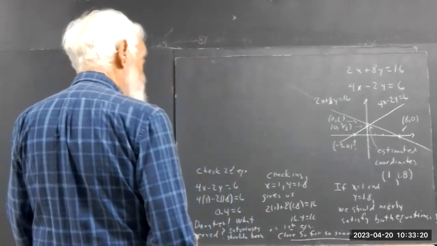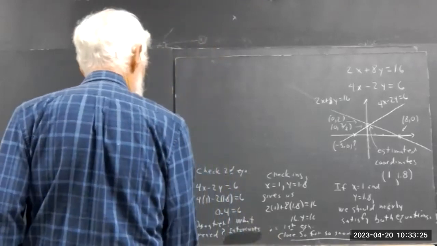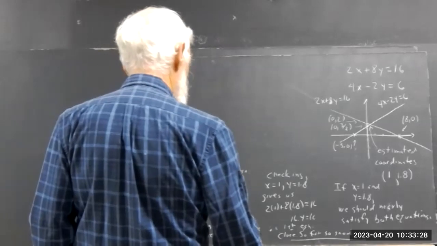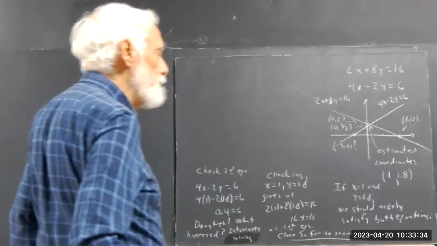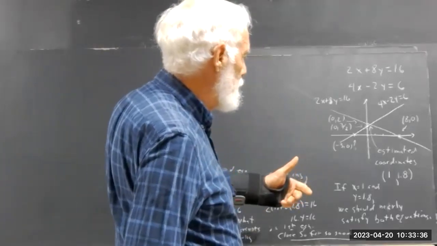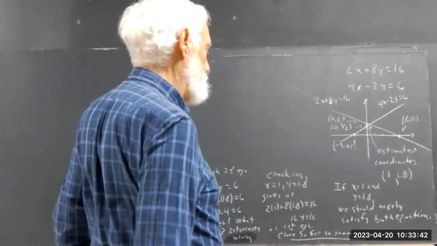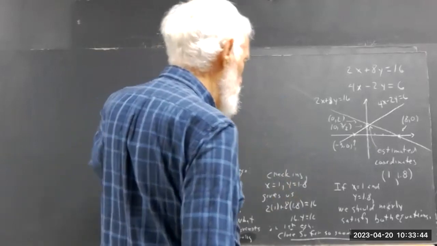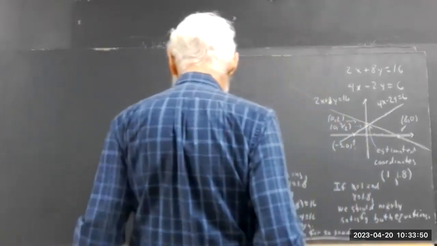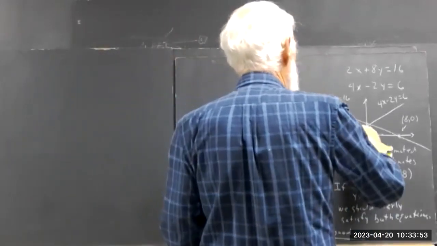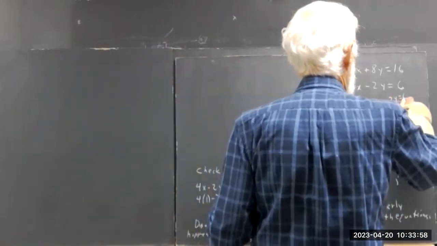The intercept should have been, instead of 0.3 halves, on the second equation, the intercept should have been -3 halves 0. Sorry, should have been 3 halves 0 and 0, -3. So this equation, it's a perfectly good graph, but it's not this.